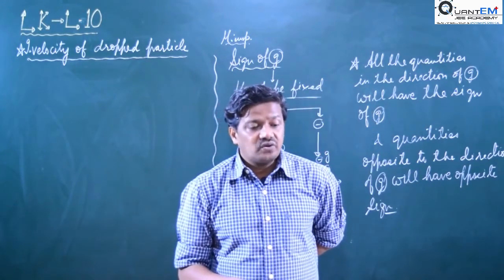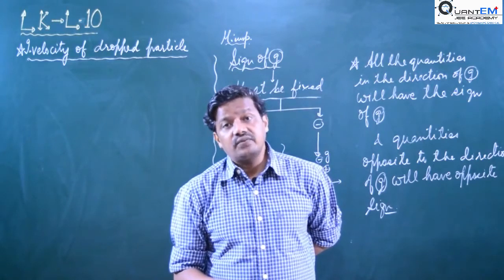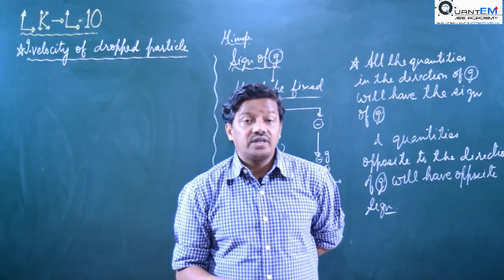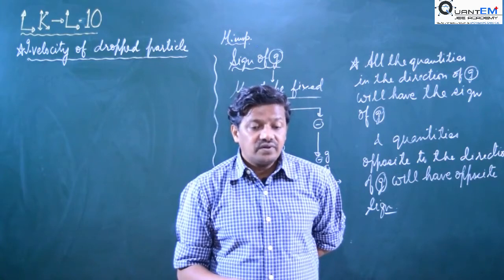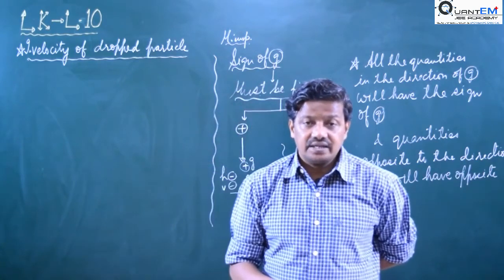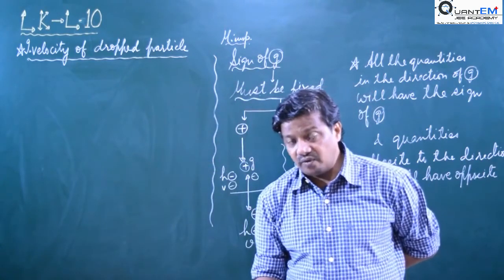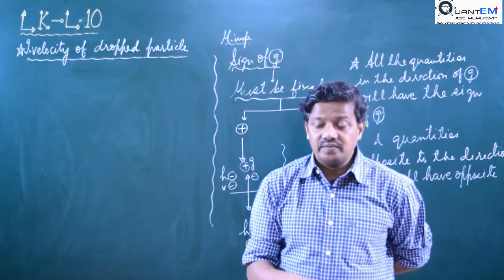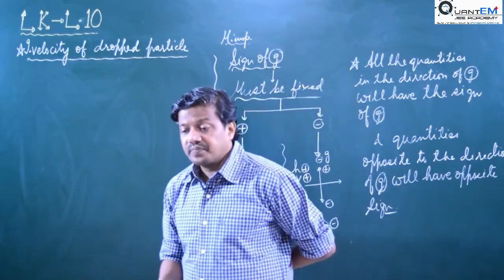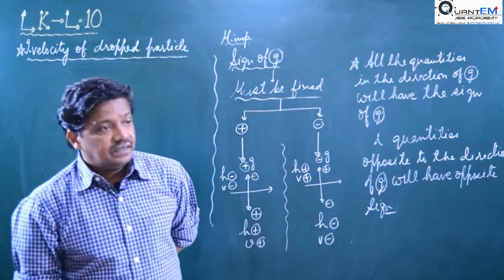So see, it depends on the velocity of the reference frame and the observer. The observer will be either outside the reference frame or inside the reference frame. The reference frame is where the experiment has been taken.